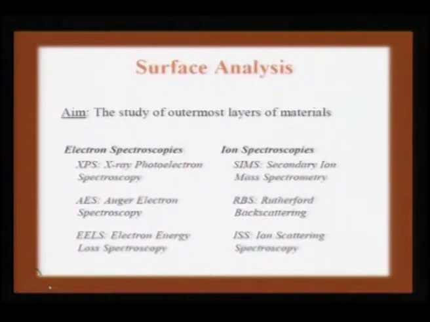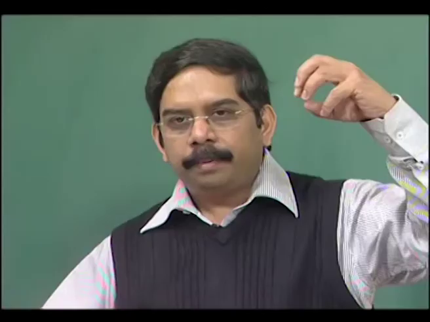Now, when we look at this analysis tool, it is mainly classified or generally referred to as surface analysis, and the outermost layers of materials can be studied. Therefore, in thin films maybe through the bulk, but in bulk materials you can only penetrate to very few nanometers.